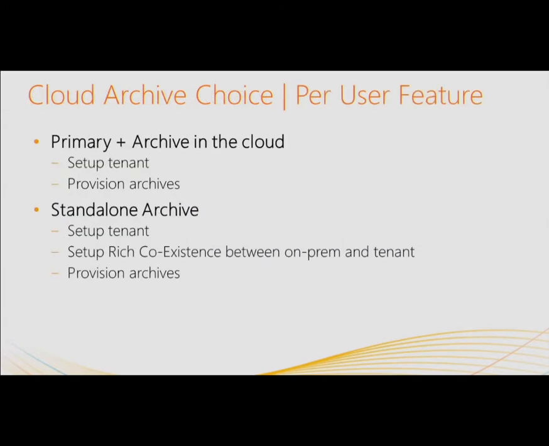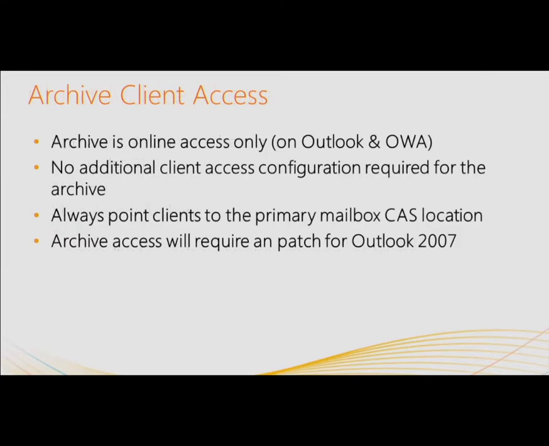All right, so the next piece is, let me back up a little bit here. How are these clients really going to access these mailboxes? We talked about three different ways that they're going to be implemented: on the cloud completely, or on-premise with the archive remaining on the cloud, or in a split scenario where you have on-premise users and online users separately, using the archives in their respective places.